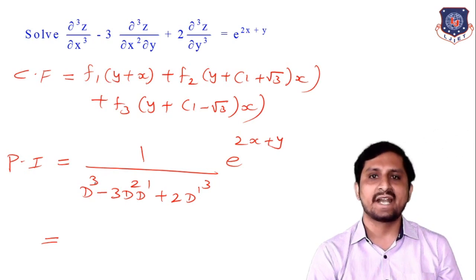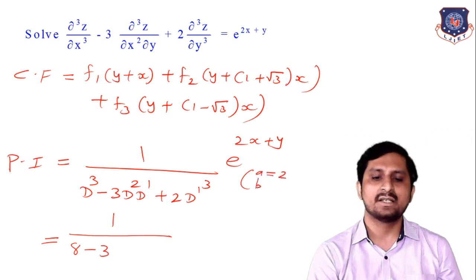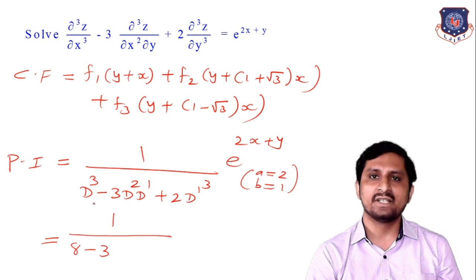Clearly you can understand, a is equal to 2 and b is equal to 1, so don't be confused. I take 2 instead of D and 1 instead of D dash.